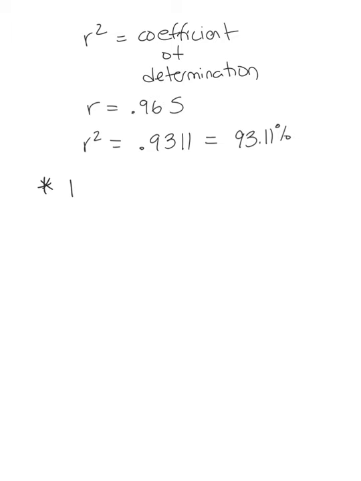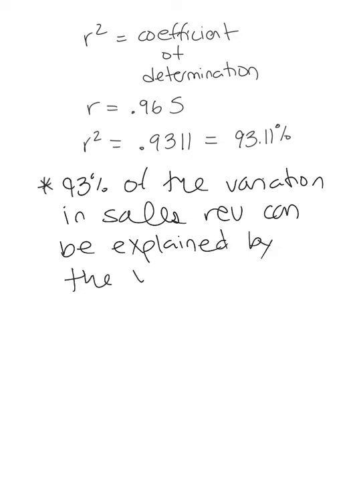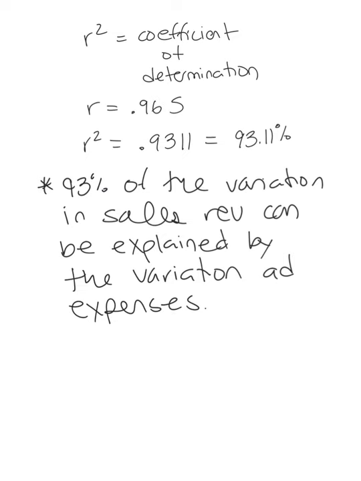It says that 93% of the variation in sales revenue can be explained by the variation in ad expenses. So what percentage can't be explained by ad expenses?